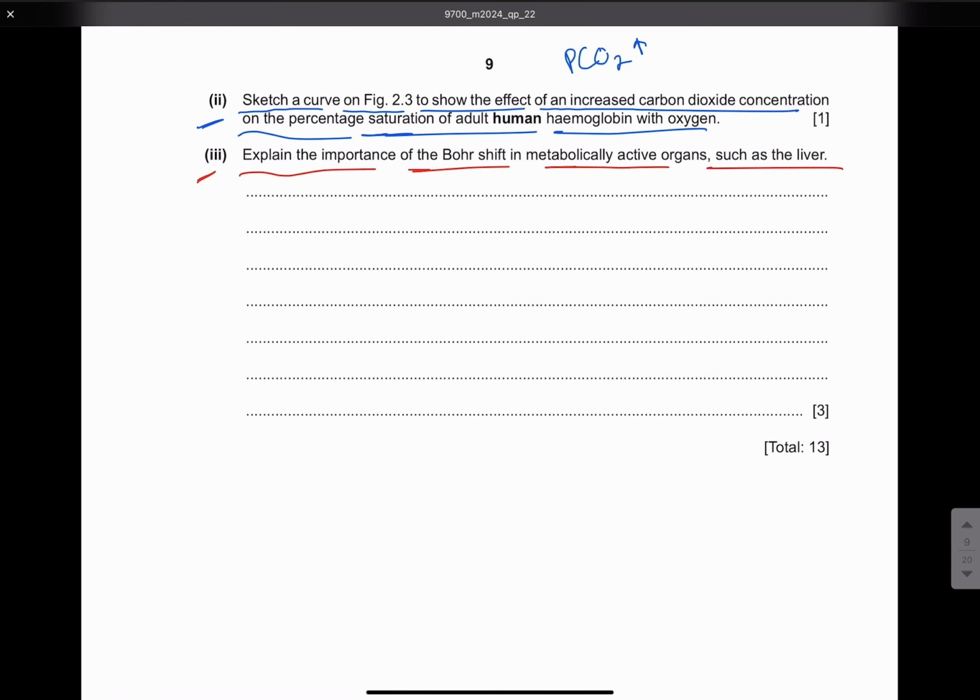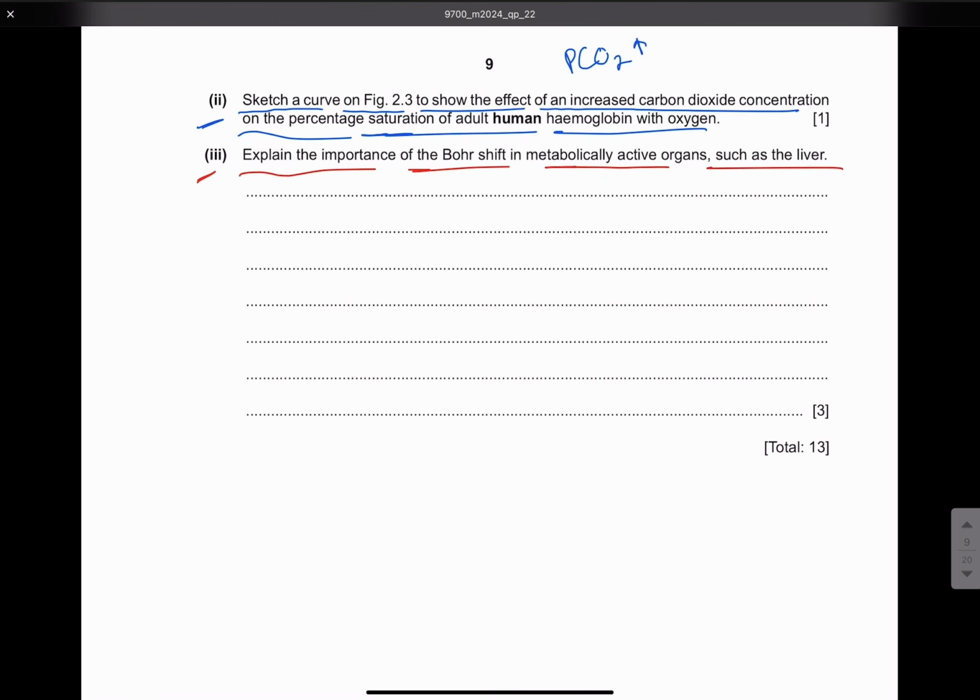So liver is producing a lot of carbon dioxide. And because of high carbon dioxide concentration, there is greater Bohr shift. The hemoglobin dissociation curve shifts to the right, decreasing the affinity of hemoglobin for oxygen. So more oxygen is released, which is used in aerobic respiration, and aerobic respiration generates ATP, and the ATP is required for other metabolic reactions.